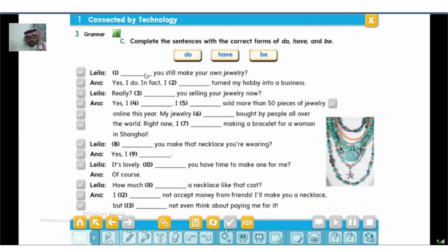Now we can put do with you still, and this auxiliary can be put here as a question. This sentence is present simple. Okay, now let's check all answers. Do you still. Next one we can put have, and here we can put are, and so on.